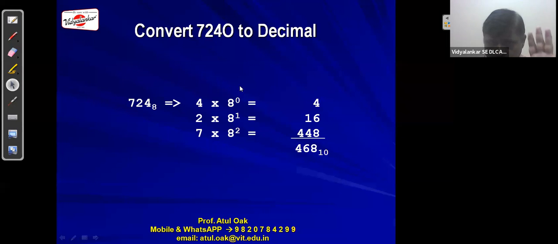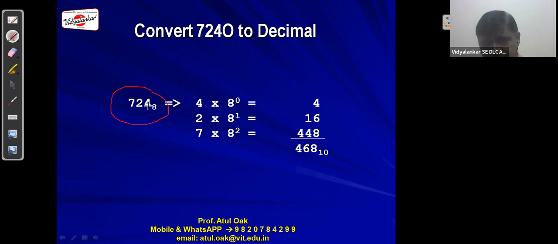Okay, one thing you should understand: one way you can write an octal number is in this format. You can represent a number in two formats. Observe it. One is 724 with suffix 8. This is one way. Or you can also write 724 followed by a capital O. Both represent the same thing, 724 octal.